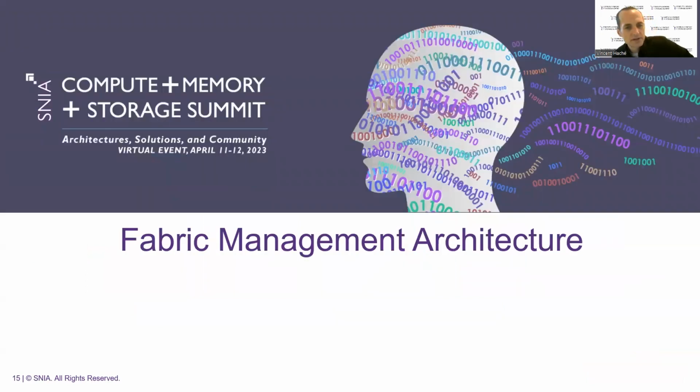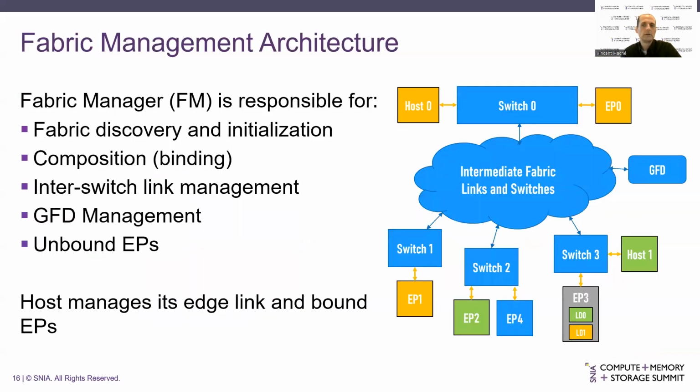Okay, so I made brief mention of the fabric manager. Why don't we take a closer look at the fabric management architecture. So we have this topology on the right of a large, arbitrarily configured fabric. There is an entity managing all of the common resources.